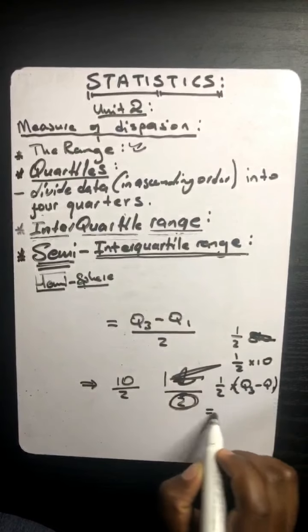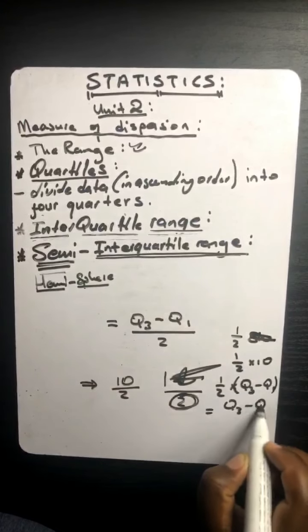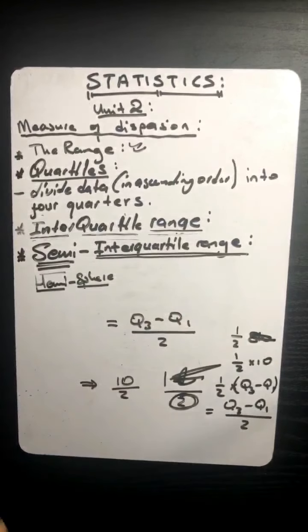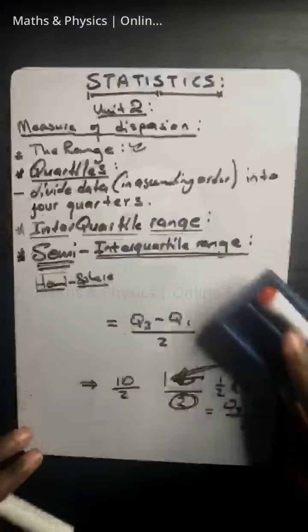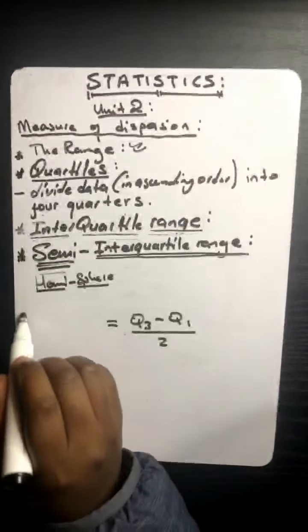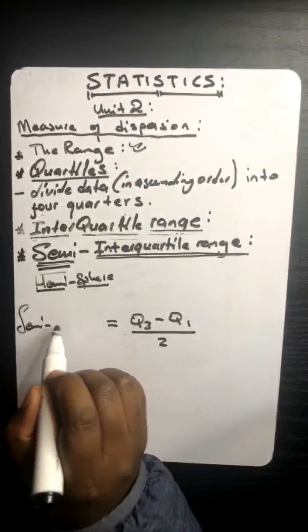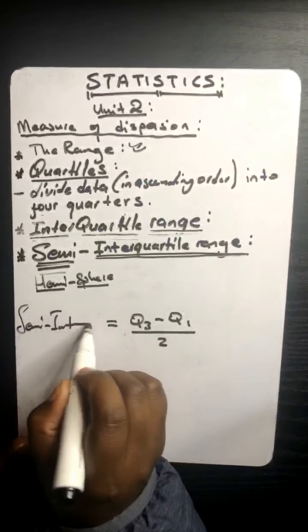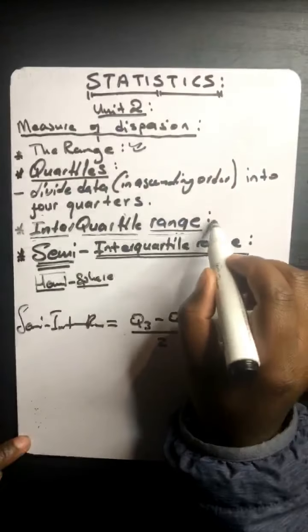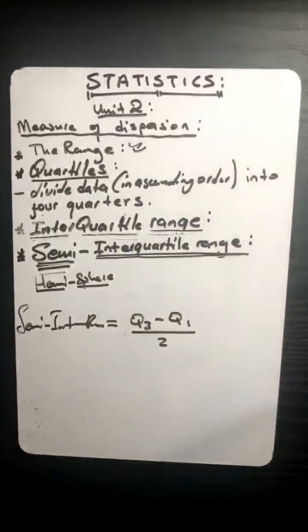So half of this ends up being (Q3 minus Q1) over 2. So what I'm trying to say is that anything you divide by 2, you are actually cutting into half, which means the formula for the semi-interquartile range, you are just taking this formula and dividing it by 2. I'm not sure, does it make sense to everyone, Bantu Bagit?